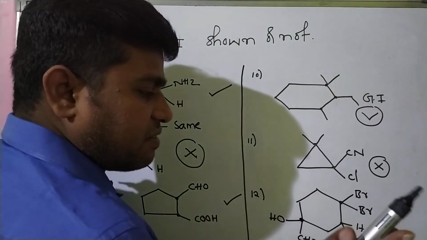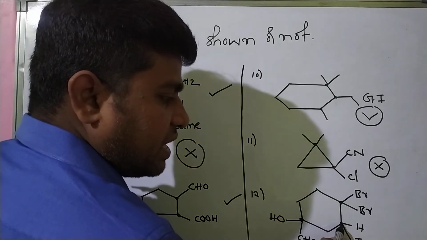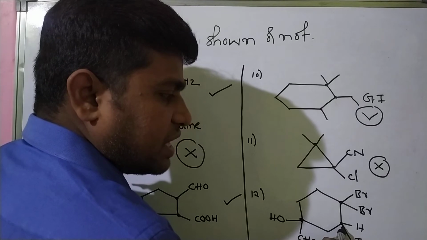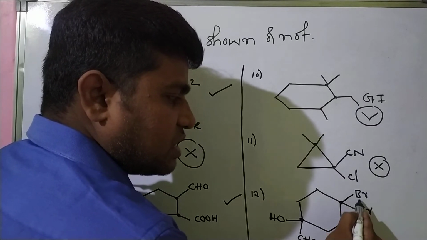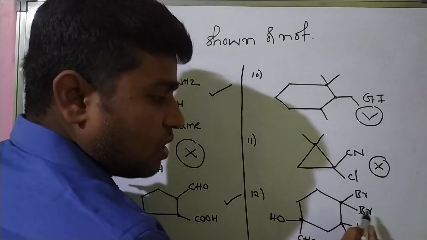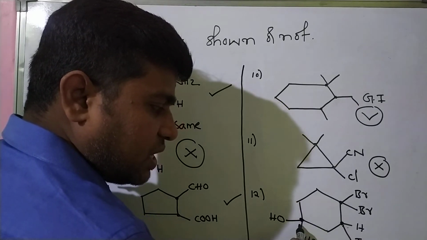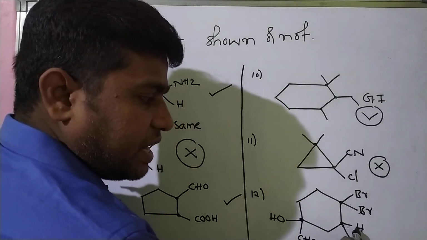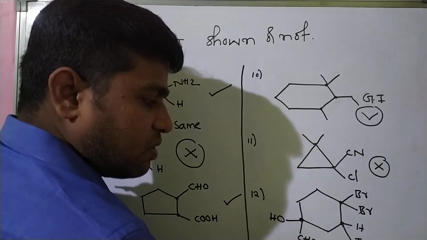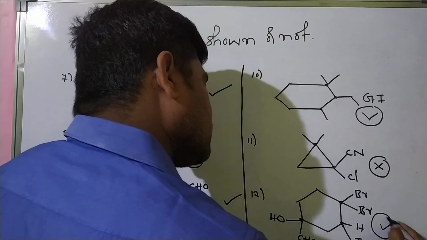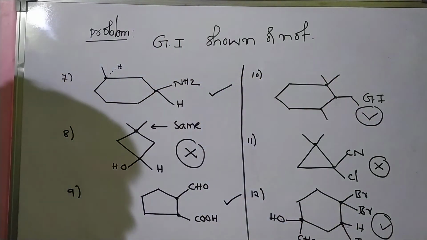So once again I will explain. As we consider these 2 carbons, the compound doesn't give geometrical isomerism since these 2 groups are similar groups. But we consider this carbon and this carbon, these 2 groups are different. A not equal to B, here C not equal to D. The overall result is, it shows geometrical isomerism. Please note all these examples.